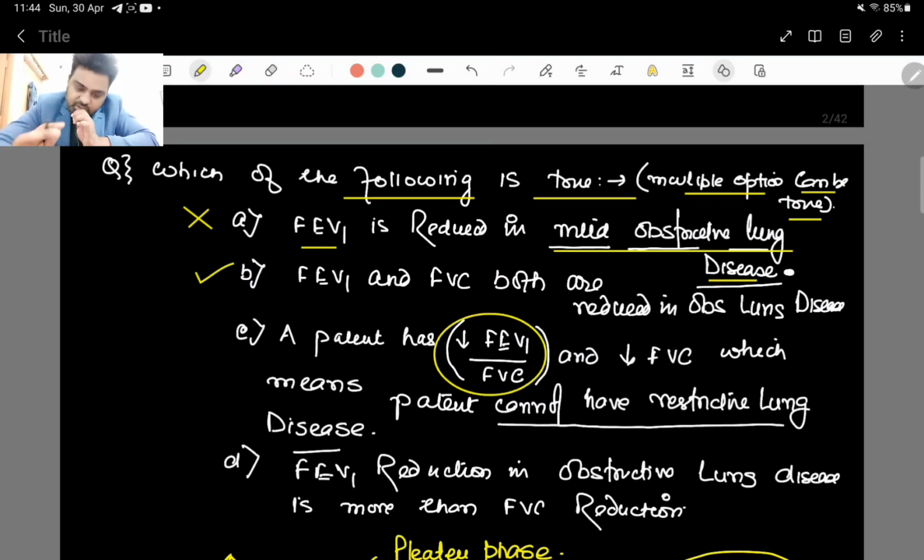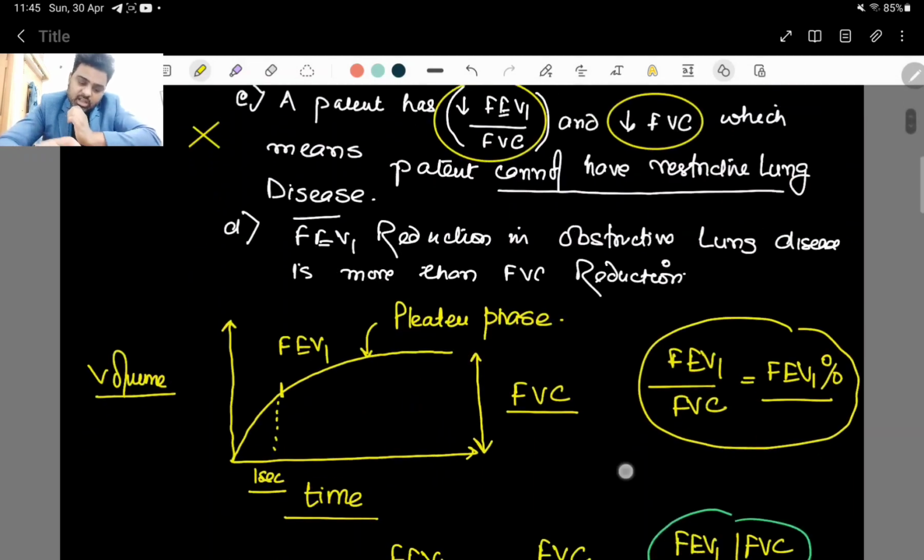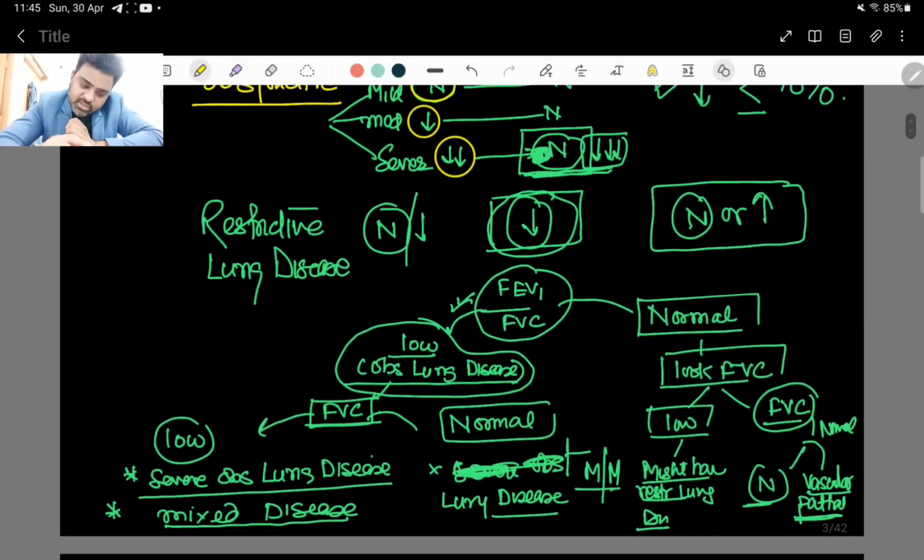Second, a patient has a decreased FEV1 by FVC. That means patient has an obstructive lung disease, and decreased FVC, which means patient can have restrictive lung disease, which means patient cannot have restrictive lung disease. No, this is wrong, because I have told you, if there is a low FEV1 by FVC and FVC is also low, then since FEV1 by FVC is low, this patient has obstructive lung disease.